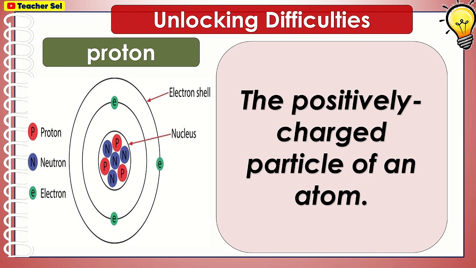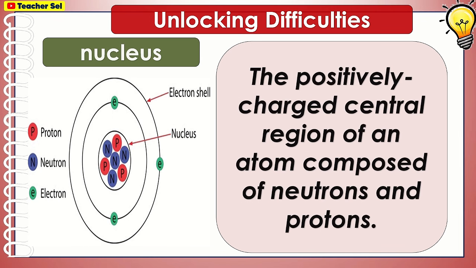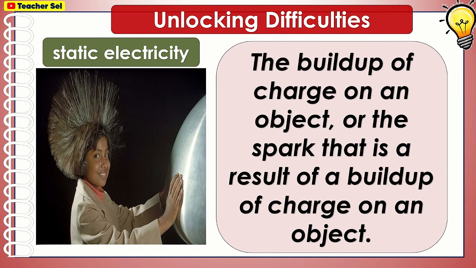Proton, the positively charged particle of an atom. Neutron, the neutral particle in an atom. Nucleus, the positively charged central region of an atom composed of neutrons and protons. Static electricity, the buildup of charge on an object or the spark that is a result of a buildup of charge on an object.